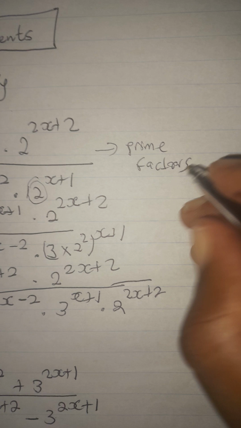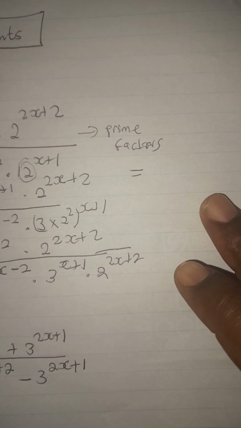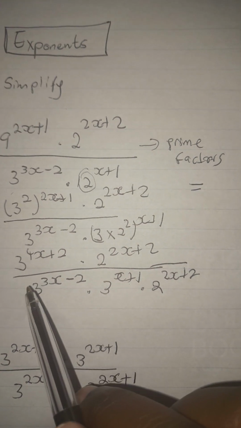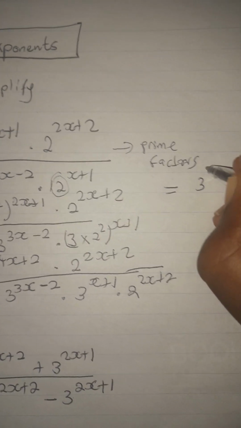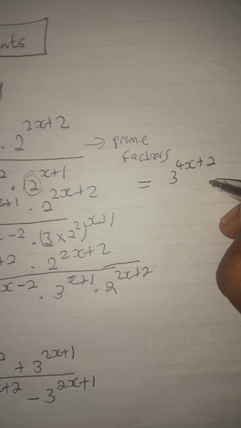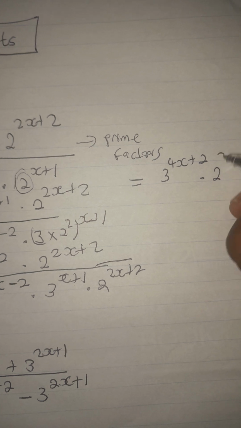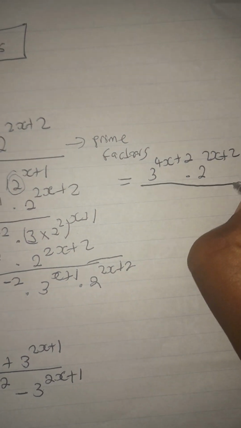Third step, we are still going to apply the laws of exponents. With the denominator, we have a law of exponents that we can apply. Remember, that says when the bases are the same, you add the exponents. That's the law.